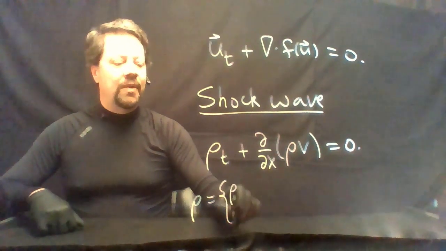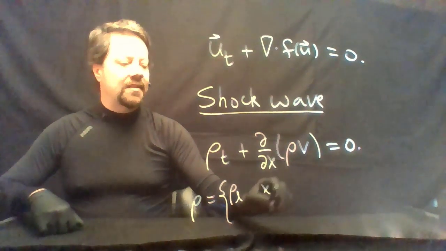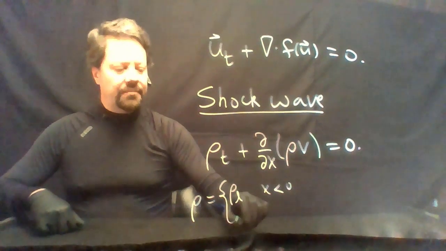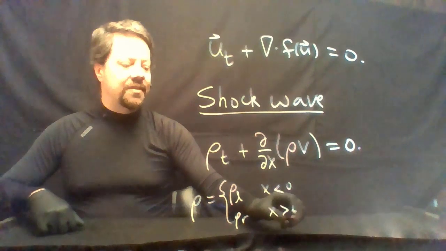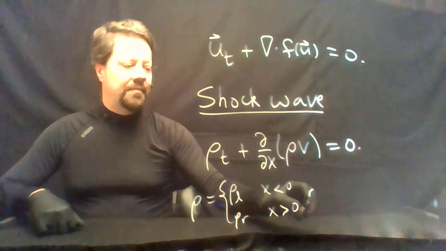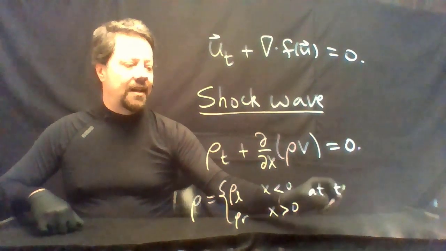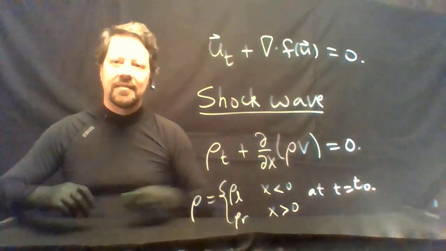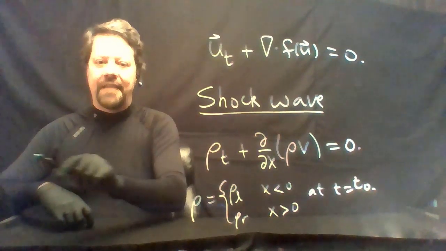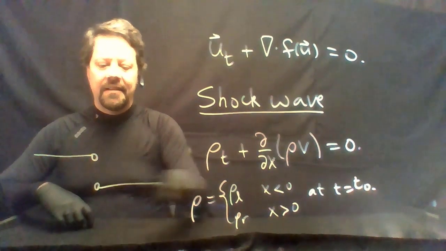It could be rho L for x less than 0, and rho R for x greater than 0 at some time. You may have higher density on the left than on the right.